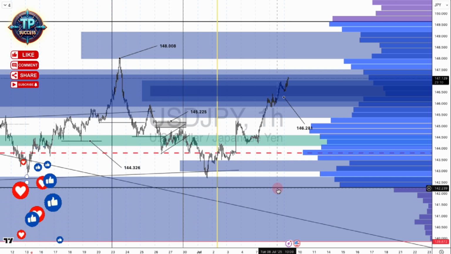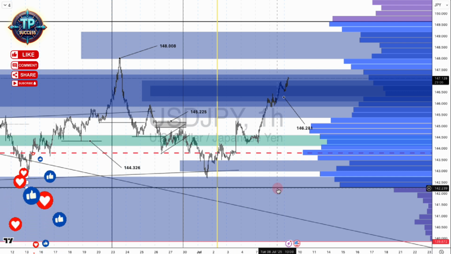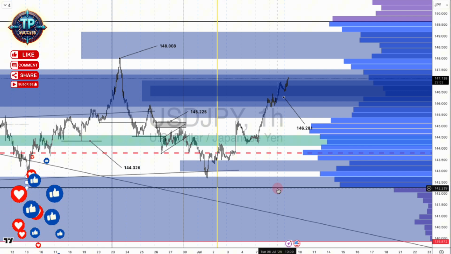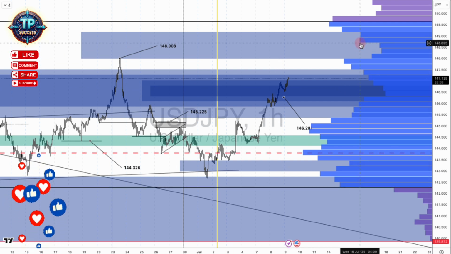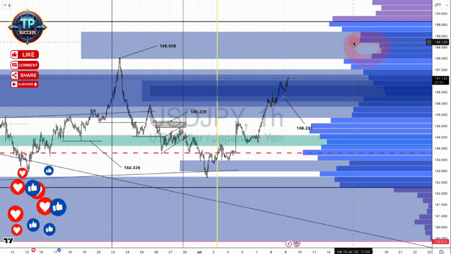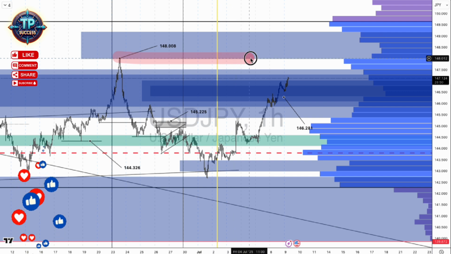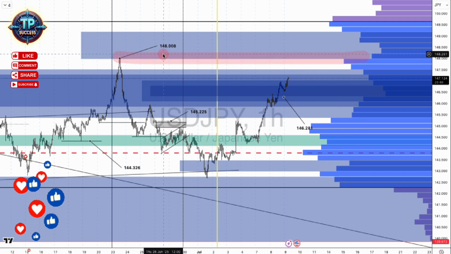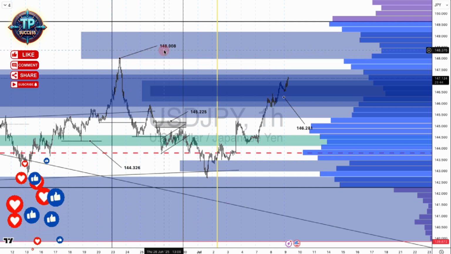But in my opinion, I would say the start of you looking for sales should mainly begin from this area up here. So once price gets to this zone, this is where things could begin to change for you.